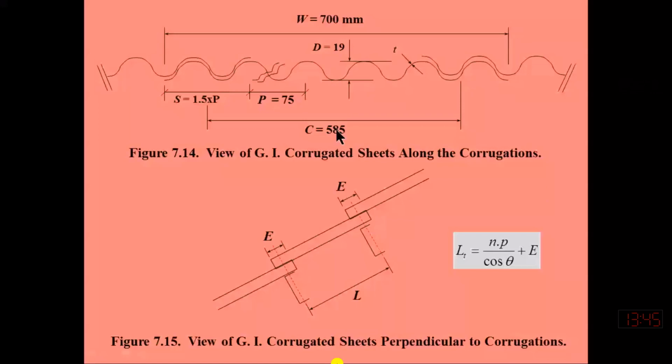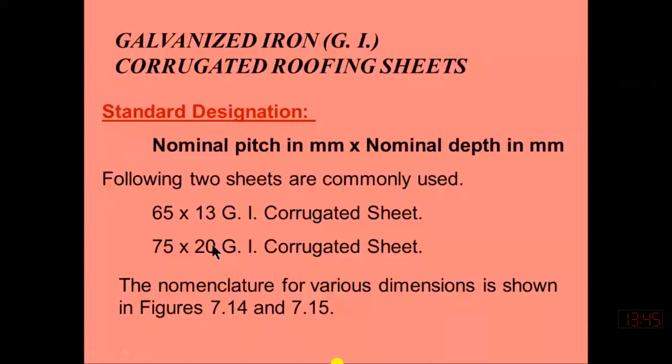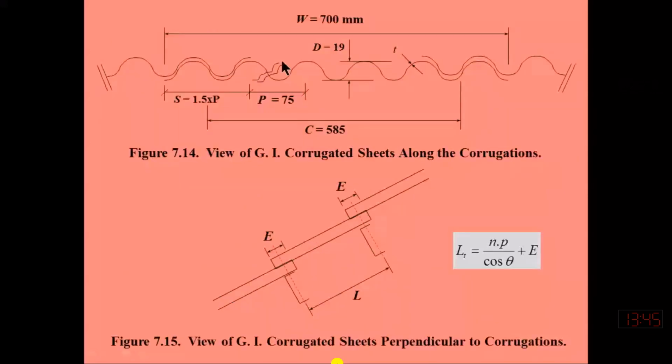But what is the P value? P is the center to center distance between two consecutive trough points or two crest points. From this crest point to this crest point, this is the pitch: the center to center distance, or the distance between two consecutive trough points.